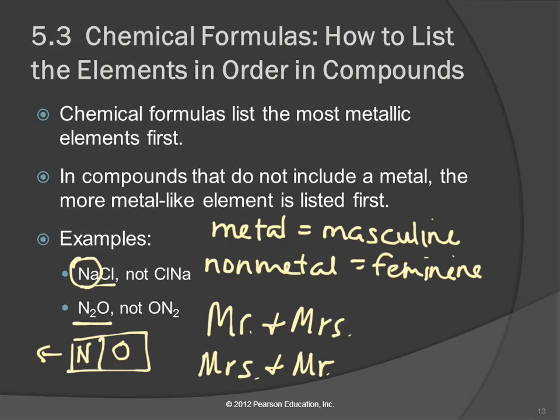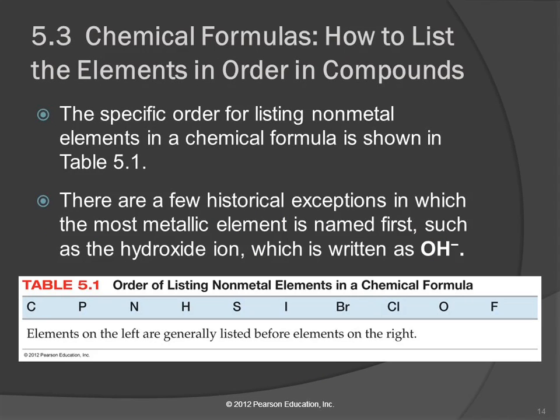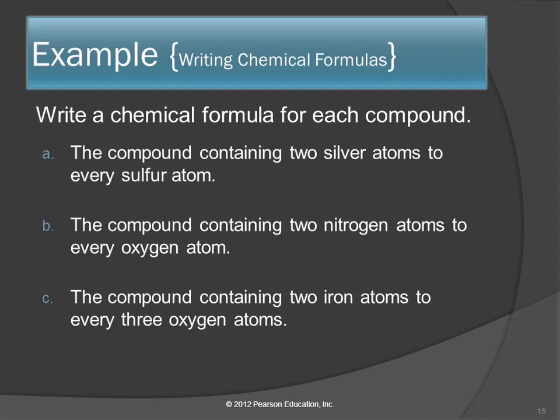This is not a big deal, but there are always students who are curious and they wonder, why? Is there a rule? How do we know which one goes first? This is how you know. So I think that general rule, the more metallic one goes first, works most of the time. Here is a more specific listing for the nonmetal elements about which one goes first. And we're not going to get too hung up on that.